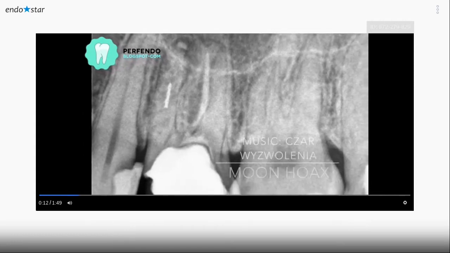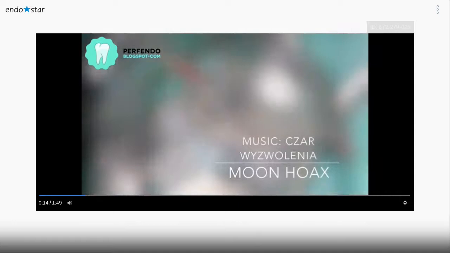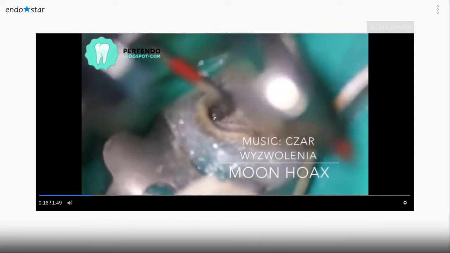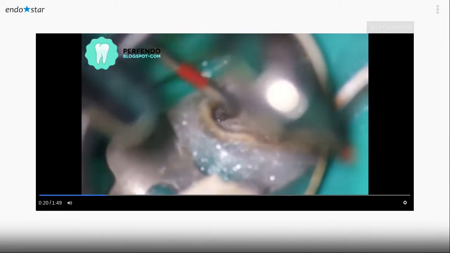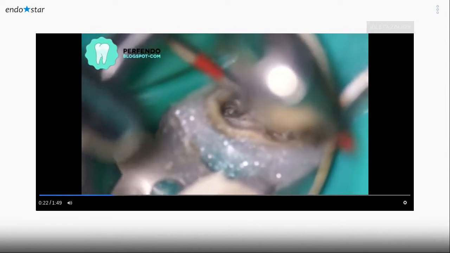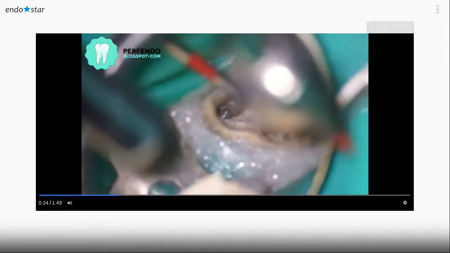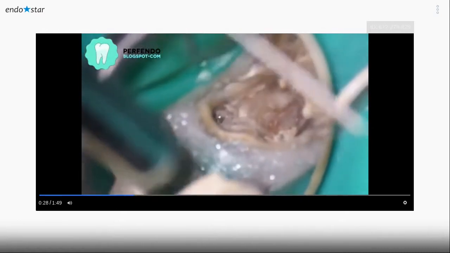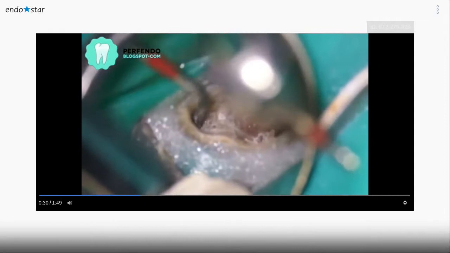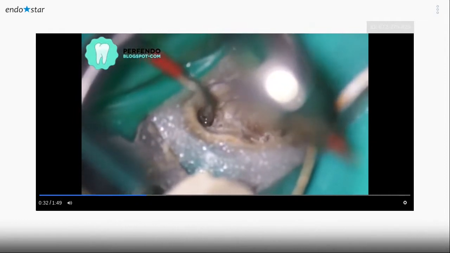In this case, I used U files mounted on the Endo Chuck, and you can see here I have rubber dam isolation, proper cavity preparation, and straight line access. We can see the silver point at the end of the canal.